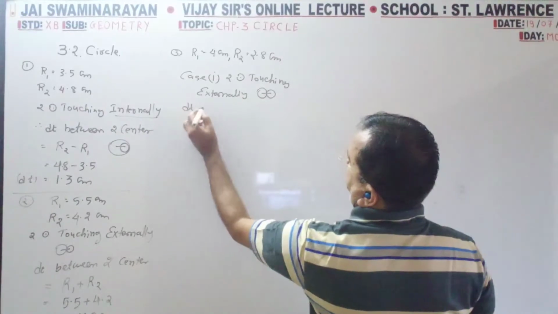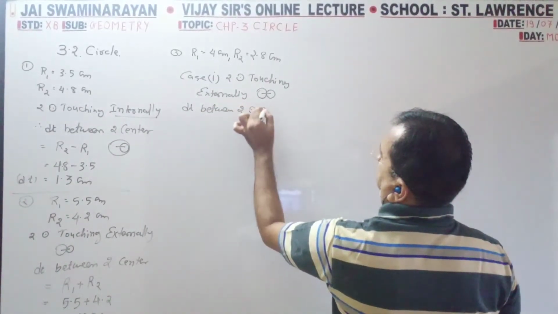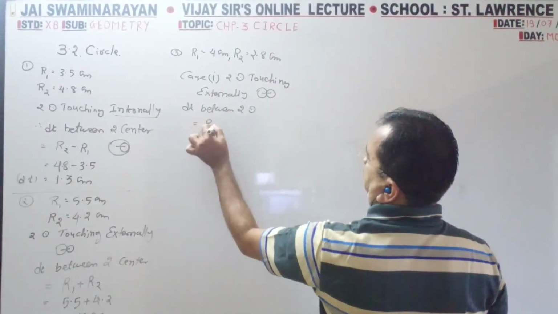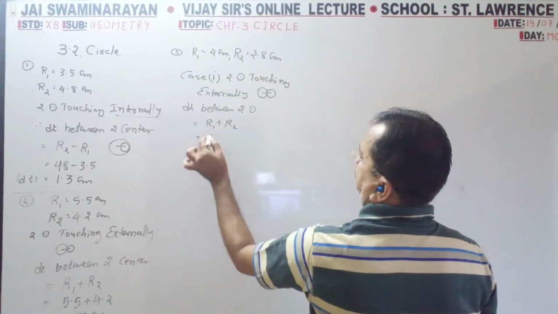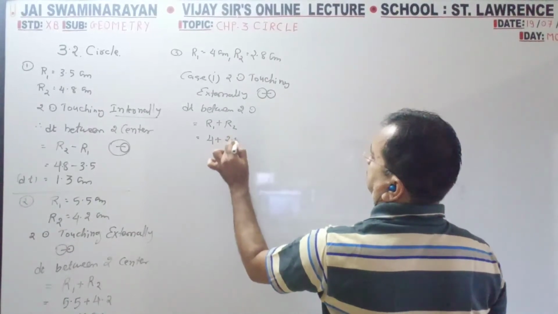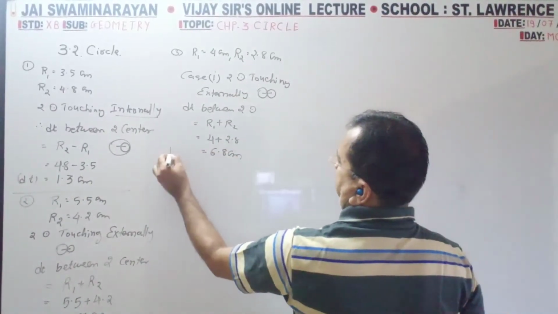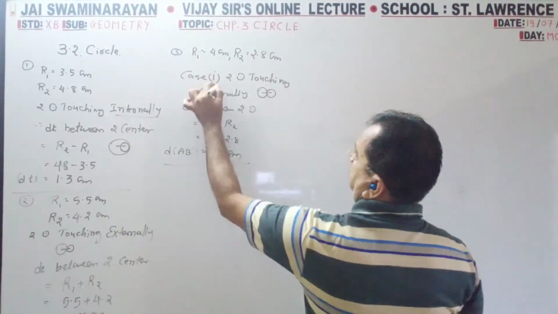So distance between two circles is equal to R1 plus R2, which is 4 plus 2.8, is equal to 6.8 centimeter. You can write distance AB. This is case number 1.